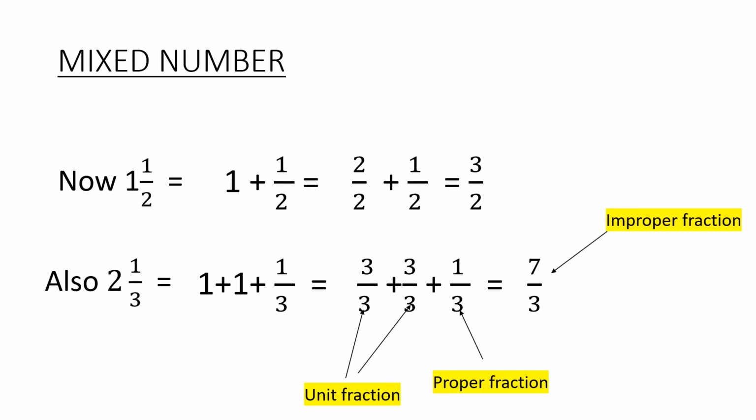So the result is 7 over 3, which is an improper fraction. So again, 2 and 1/3 is equal to 7 over 3. So we have again changed it from a mixed number to an improper fraction.